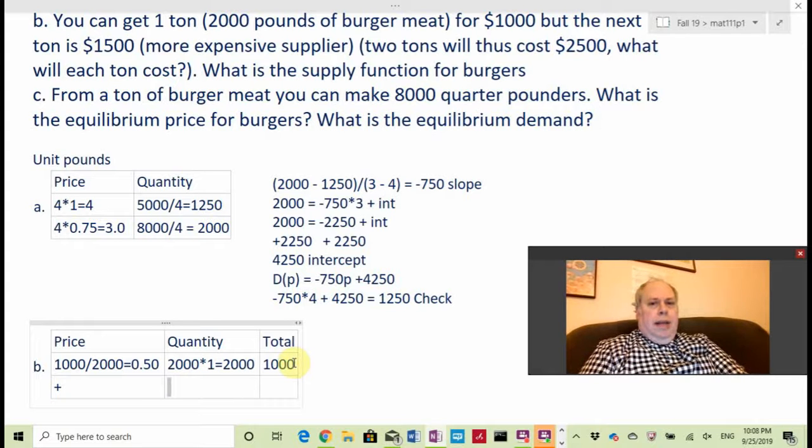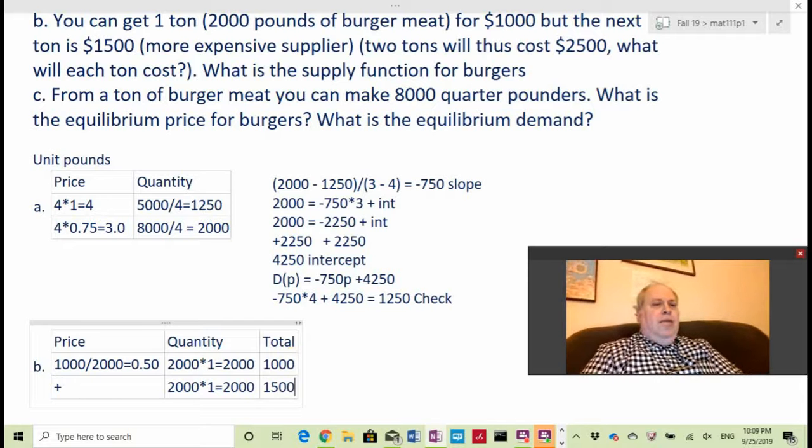So the cheapest supplier is selling us the meat for 50 cents a pound. Now the next cheapest also has a ton, so it's also 2,000 pounds, and the total he is paid for it is 1,500. I don't really care what his price per pound is, because it's not relevant to the answer to this problem.